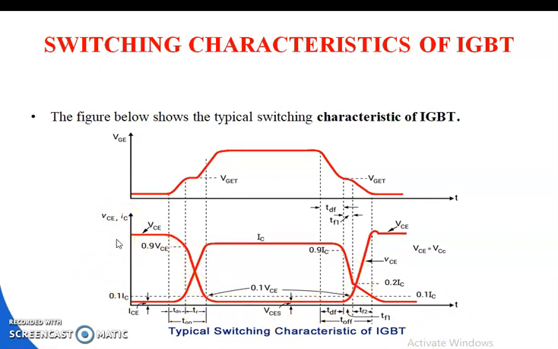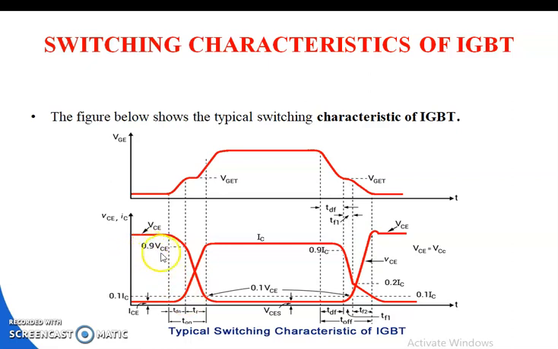Suppose this one is the IC curve and this one is the VCE curve. This is a curve drawn between VCE with respect to time t. The entire switching characteristics of the IGBT are now divided into two segments. One is the on time and the second one is the off time.